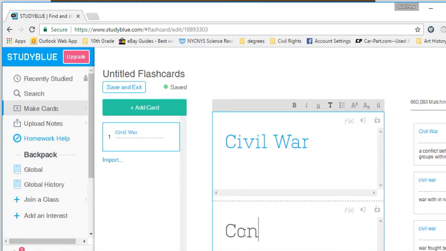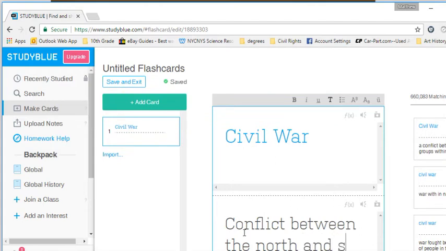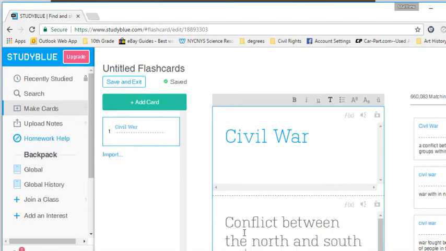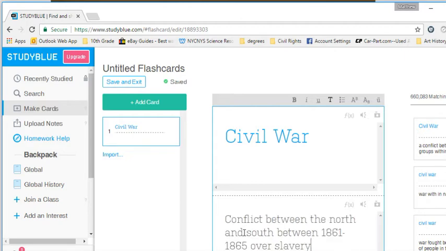So the Civil War, conflict between the North and South between 1860 to 1861, actually the war started. 1860 to 1865 over slavery and states' rights.